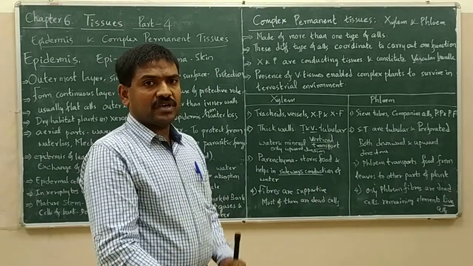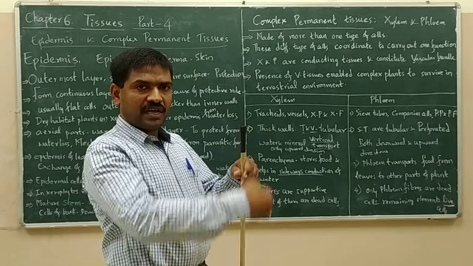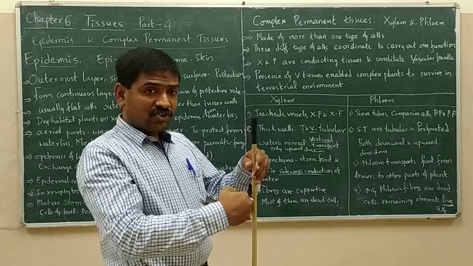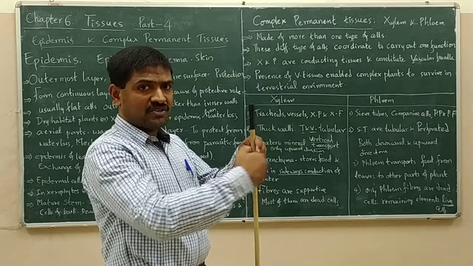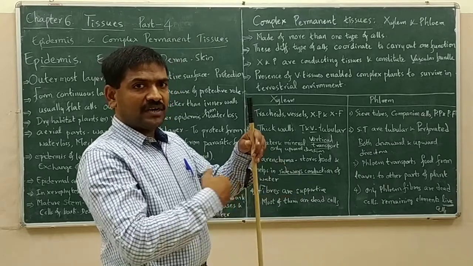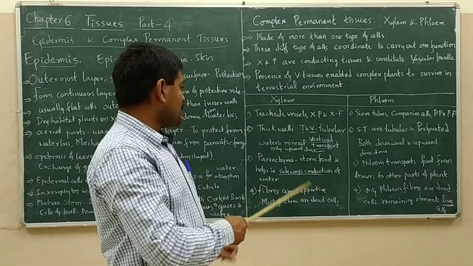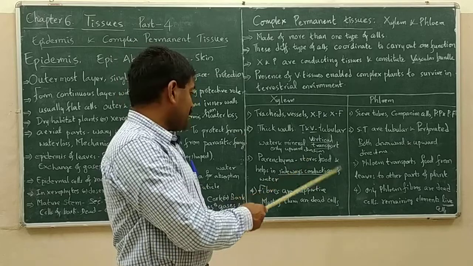In tracheids and vessels, upward transport takes place, whereas through xylem parenchyma, water and minerals are also transported sidewards.